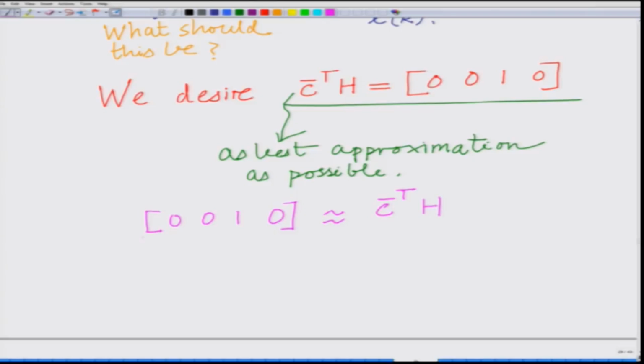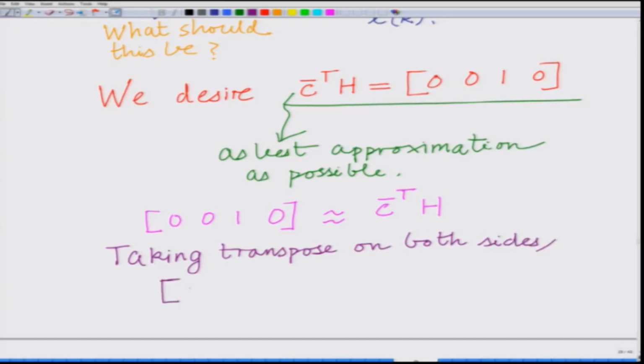Now, taking the transpose on both sides, we have 0 0 1 0 transpose should be approximately equal to C bar transpose H transpose.